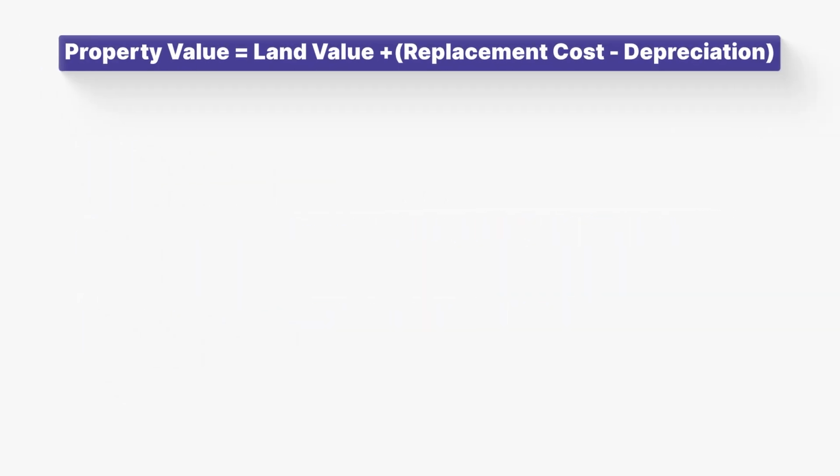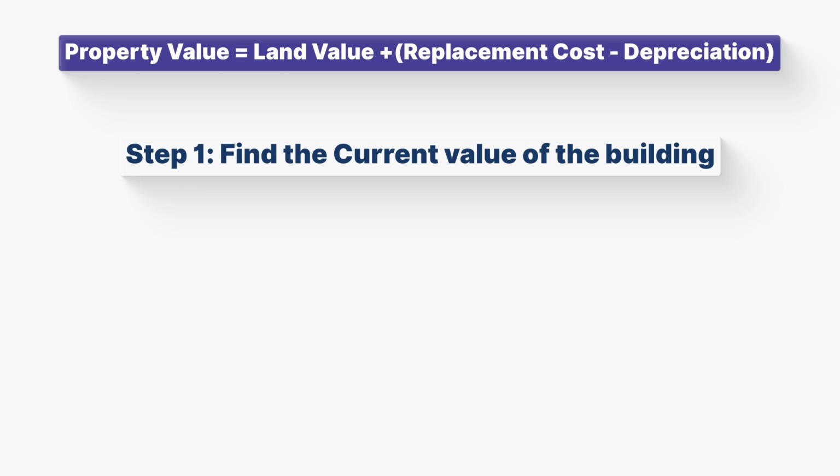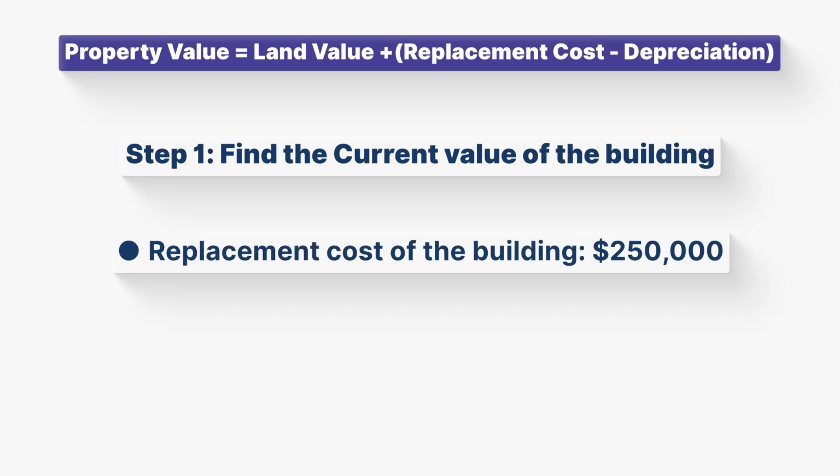Now let's solve this step by step. Step 1. Find the current value of the building. Depreciation represents the loss in value of the building over time due to wear and tear, age, or outdated features. To find the current value of the building, we need to subtract this loss from its replacement cost. Replacement cost of the building, $250,000. This is how much it would cost to rebuild the building as new.